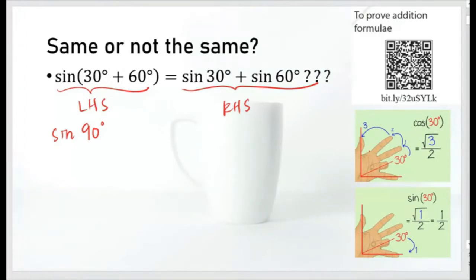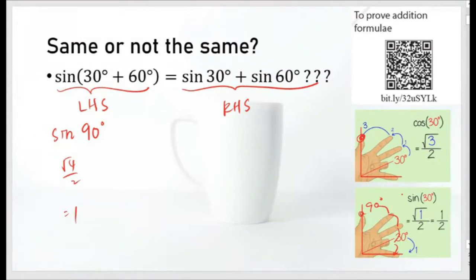Sine 90 degrees, 90 degrees is this finger. So sine goes down: 1, 2, 3, 4. So it's square root 4 over 2. Square root 4 over 2 is equal to 1. So now your left hand side is 1.